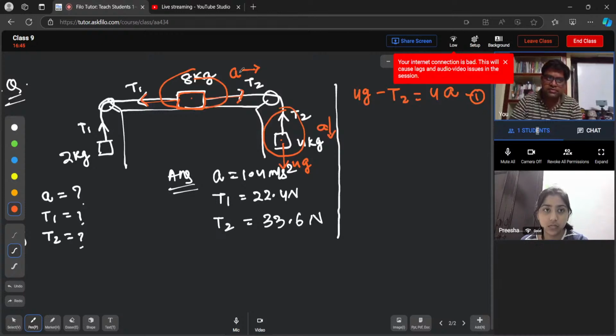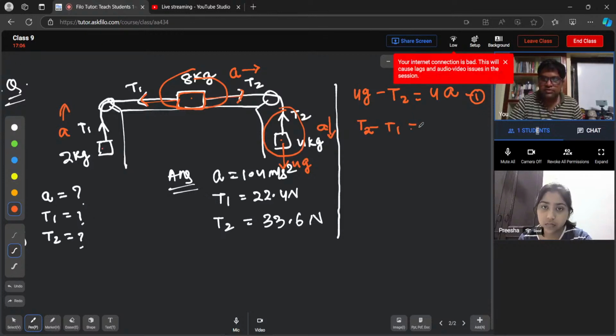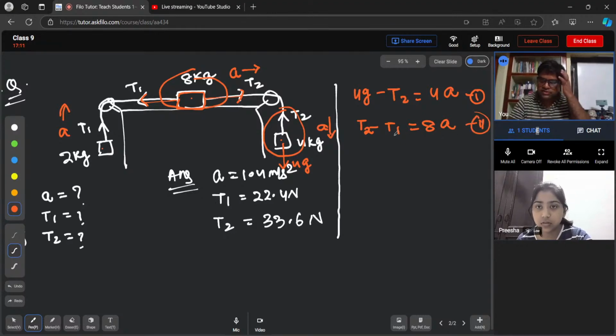Then the 8 kg mass will go right and the 2 kg mass here will go up. Right, so this will be the situation. So if the 8 kg object is going right, we can consider T2 is greater than T1. The net force on 8 kg is T2 minus T1 equal to 8a. Net force equal to mass into acceleration.